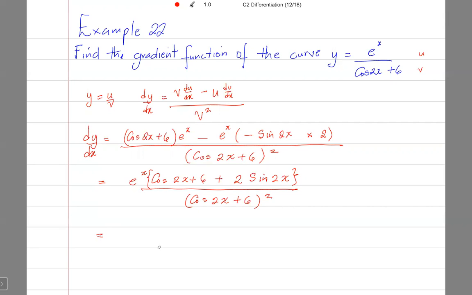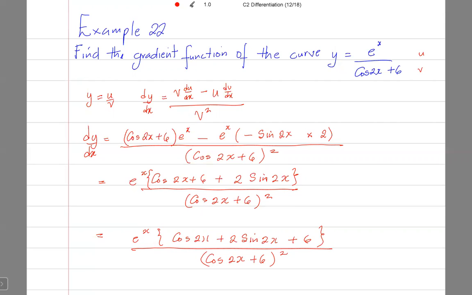So if I want to just pretty it up a little, I could say that this is e to the x, inside the bracket, I have cos 2x plus 2 sine 2x, and let's bring the 6 at the end, and this is still all over the cosine of 2x plus 6 all squared.